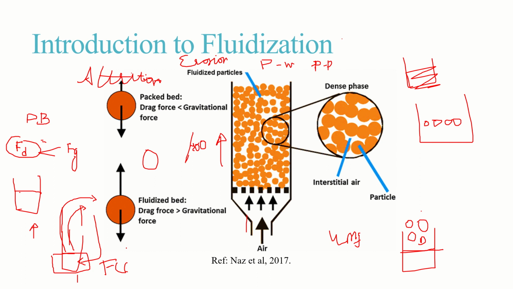So these advantages are enormous and suppress the disadvantages associated with this bed, so it can be considered a useful reactor in the chemical engineering industries. It depends on the application also, but it has more advantages than disadvantages.